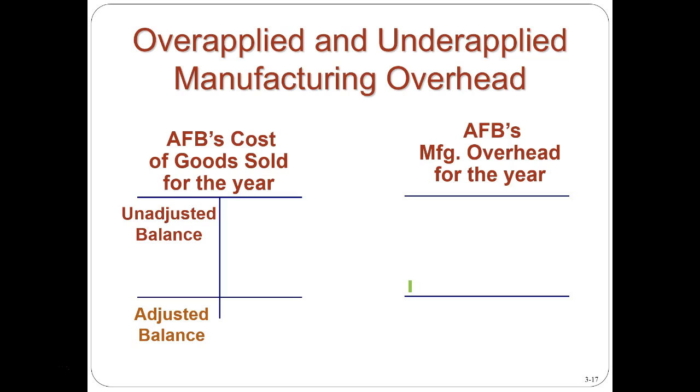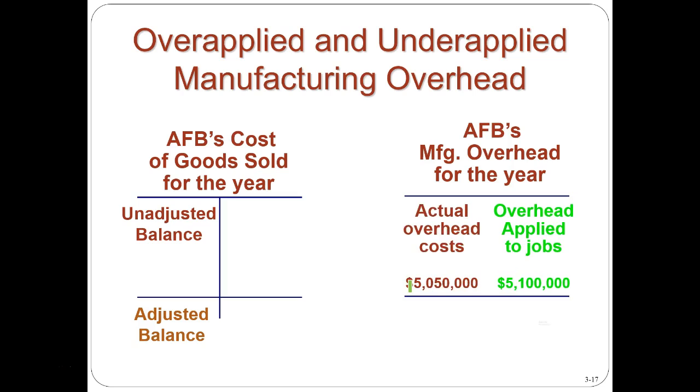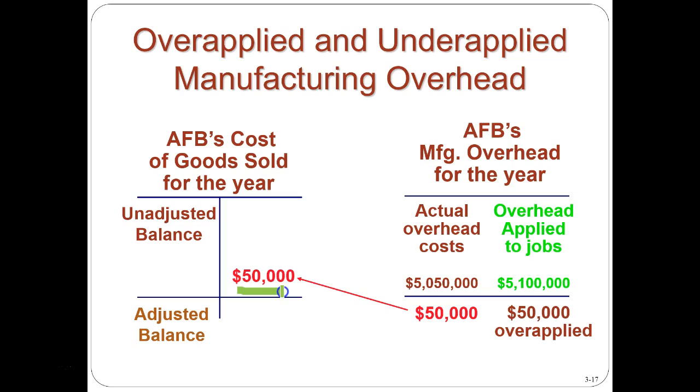So, overapplied and underapplied manufacturing overhead. What we're going to do is take that amount and just apply it out to the cost of goods sold. So we're debiting this 50,000 in the overhead account in order to just zero it out, and then we are crediting, in this case, cost of goods sold.